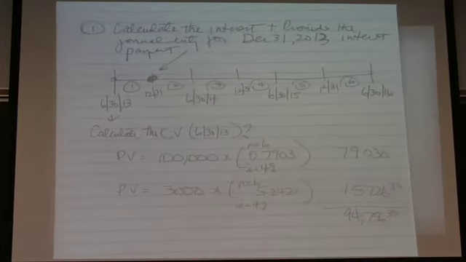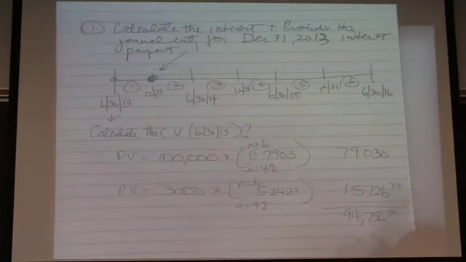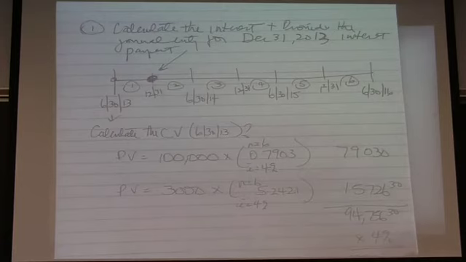Then we're going to multiply this by the market rate of 4%. That's 3,790.25.